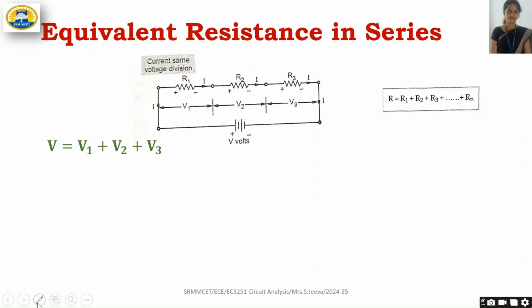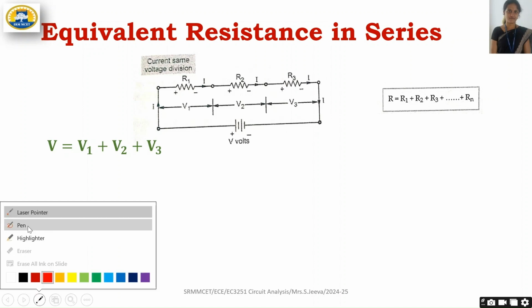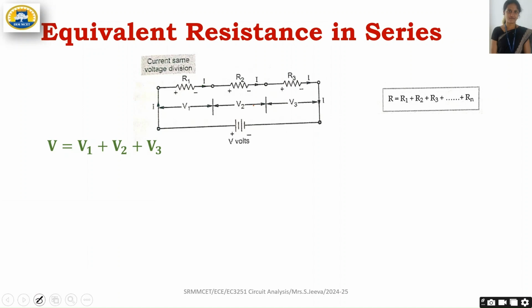For example, let us take one series circuit. Here R1, R2 and R3 are connected in series. So V is equal to I into R. V1 is the voltage drop across R1, so V1 is equal to I into R1, V2 is equal to I into R2, and V3 is equal to I into R3.